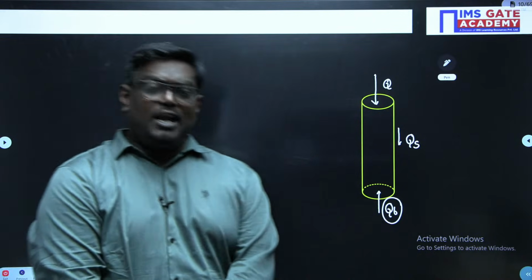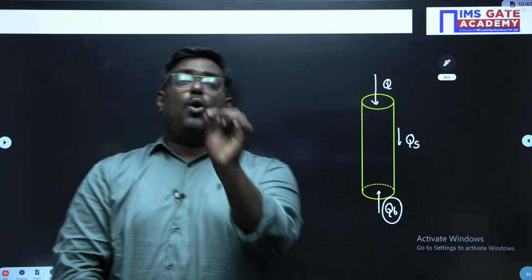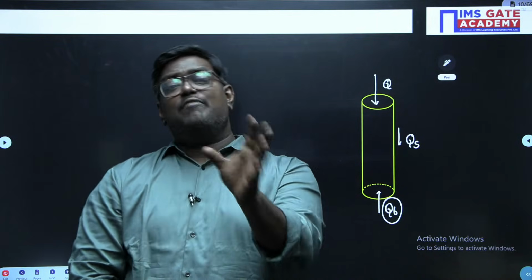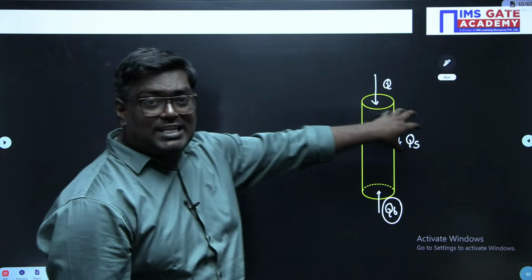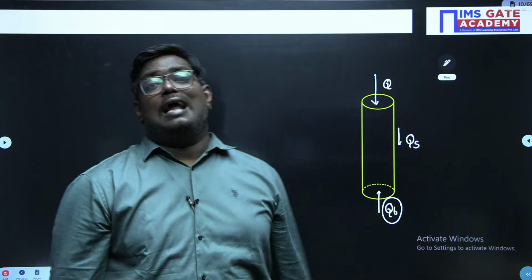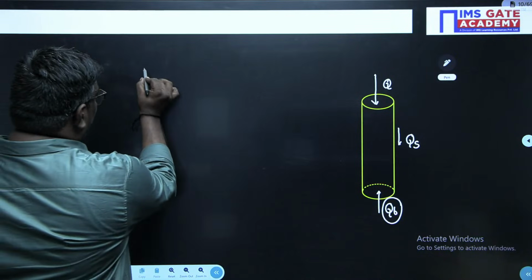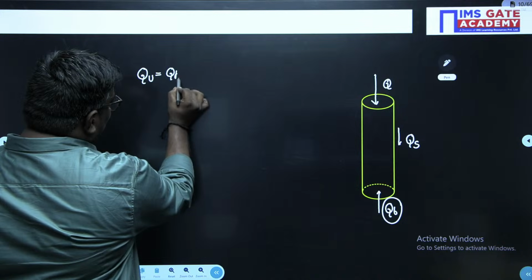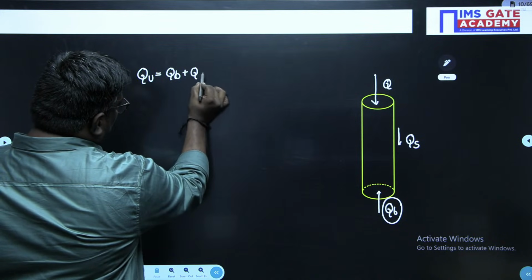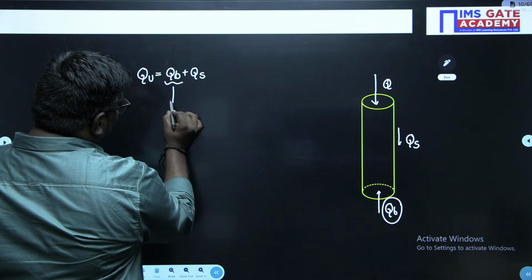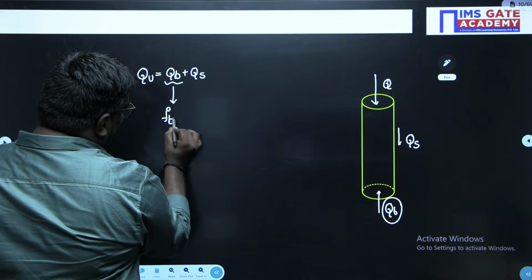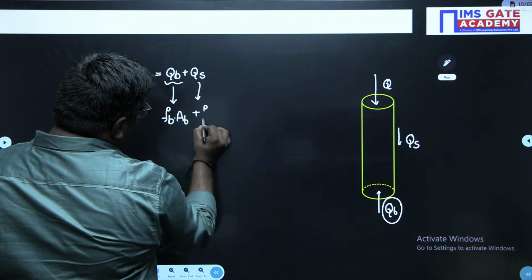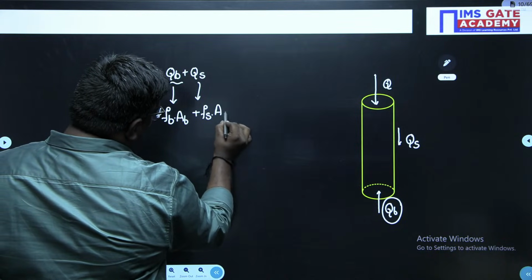Usually in the design of pile foundations, we always take combined end bearing and friction piles. Here the load is transferred both by friction as well as end bearing. So here Qu can be written as Qb plus Qs. Here Qb is nothing but Fb into Ab and Qs is Fs into As.